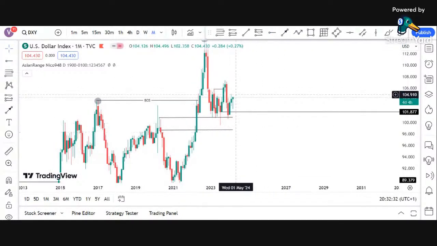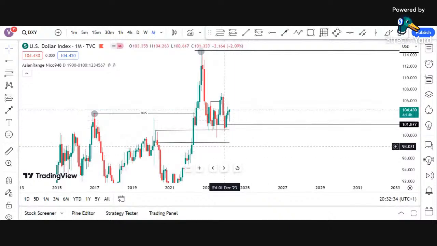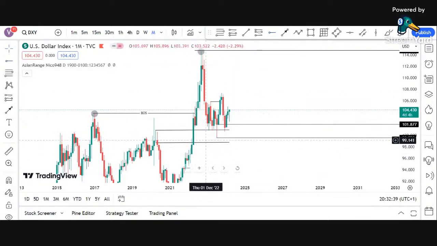And what are we seeing now currently? We're seeing price pushing up. So this was the block that the institution used to take price to the upside. I hope you are following.